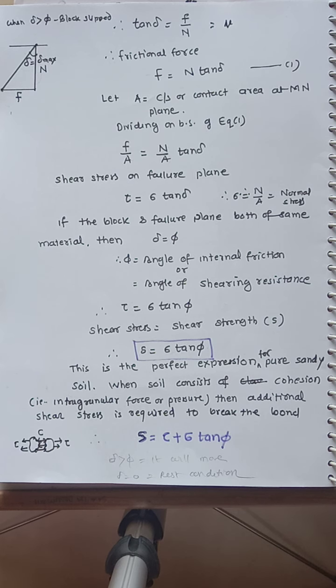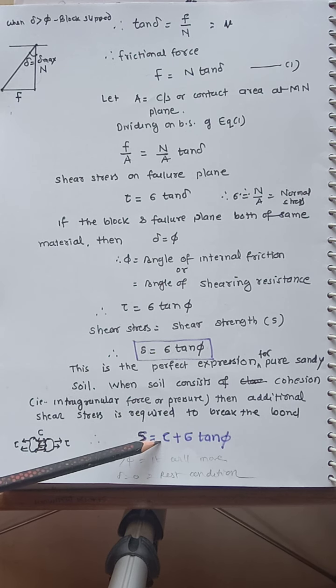Because there is a force of attraction, an intermolecular force between them, that is called cohesion. To separate this cohesion, extra shear stress, that is extra force P, is required, and it is exactly in the direction of that P, so it is directly added to this equation as cohesion.